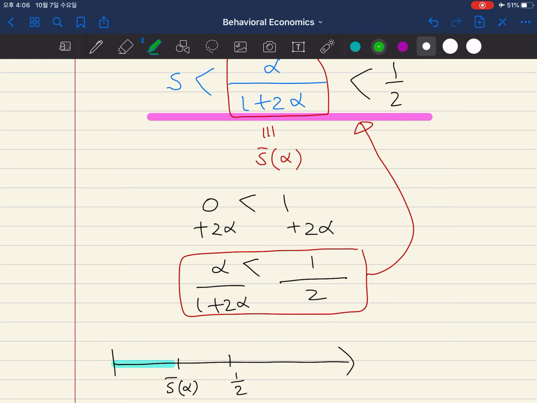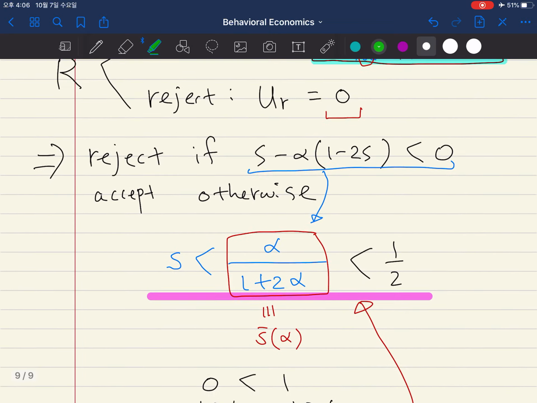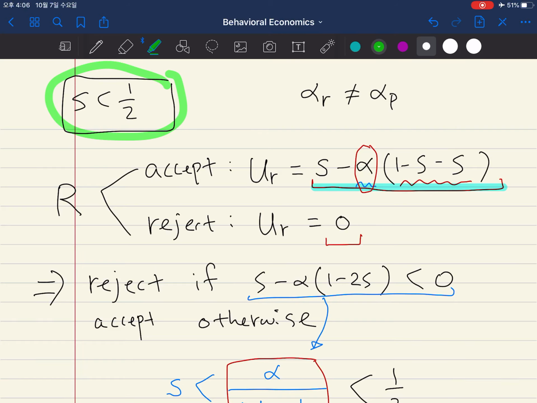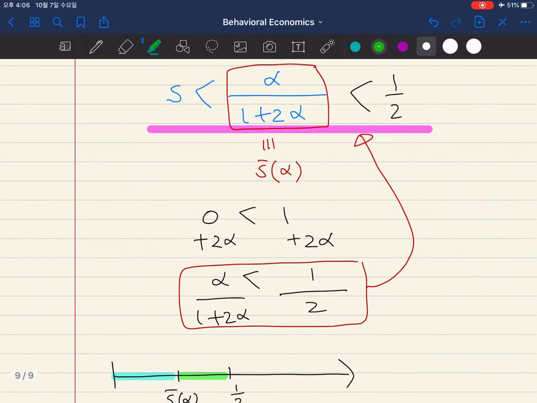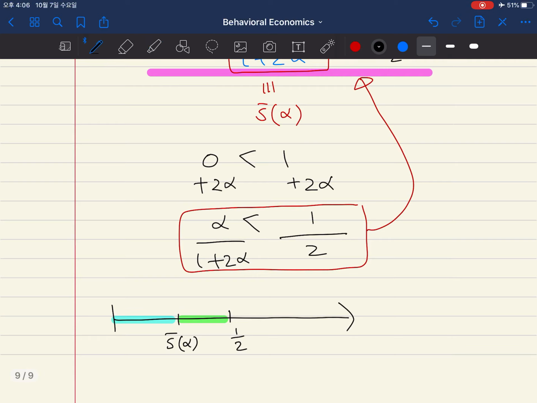Otherwise, S is in this green range. Remember, we are thinking about the case where S is less than half. So S is less than half but bigger than this threshold S upper bar. In this case, responder is going to accept the offer. So here reject, and in this green range accept.